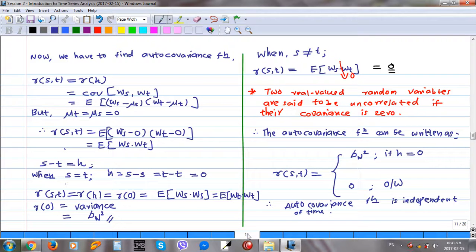It means that therefore the w t process is stationary, right? That is the complete way of showing a given process is stationary.